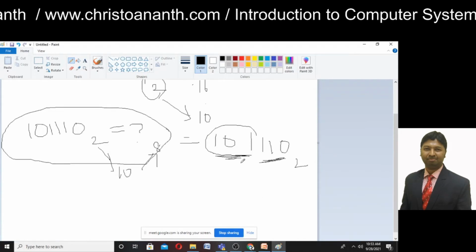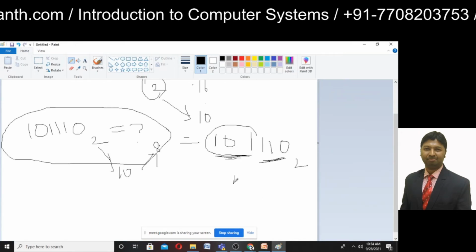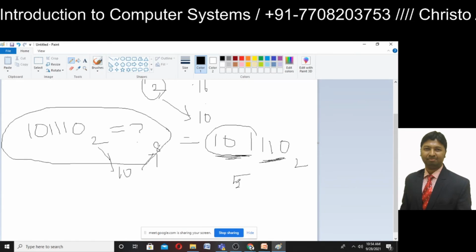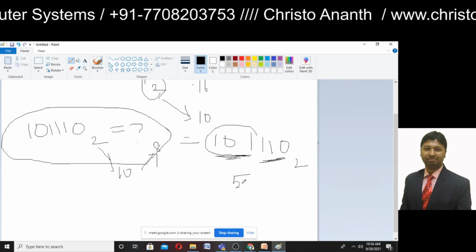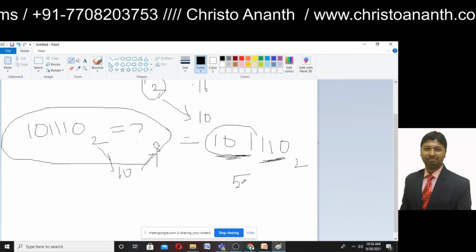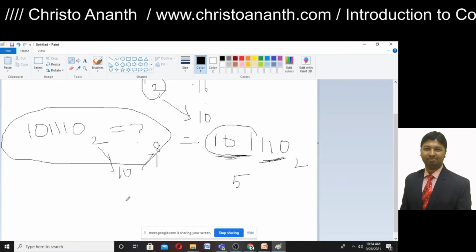Without referring to the table, you should tell me. Now my question is, how do you get this 5? How do you get 101 equal to 5?